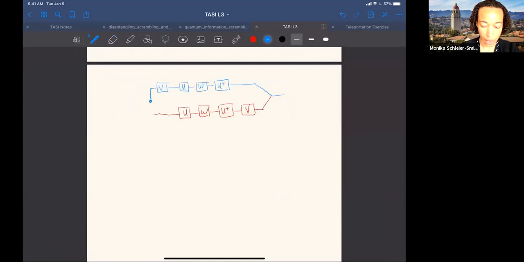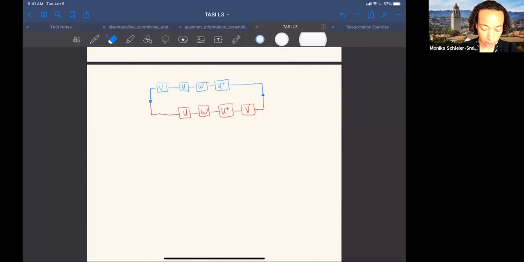And I'm going to apply one set of operators on one copy of my system, and the other set of operators on the entangled copy of the system. And at the end, I'm going to project onto the EPR state again. Questions about what the notation means?